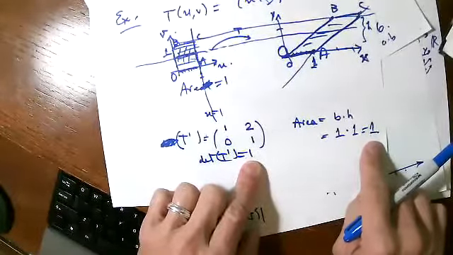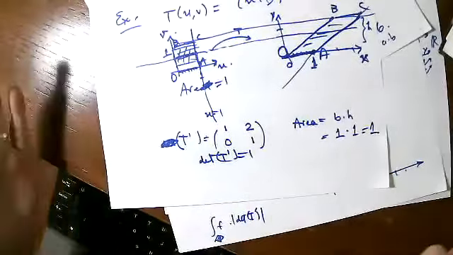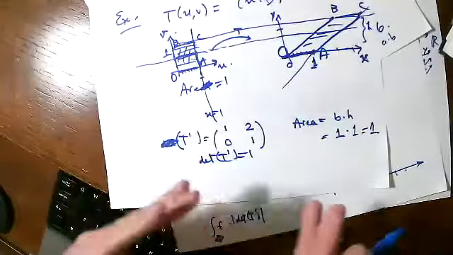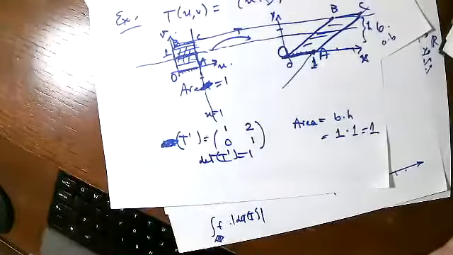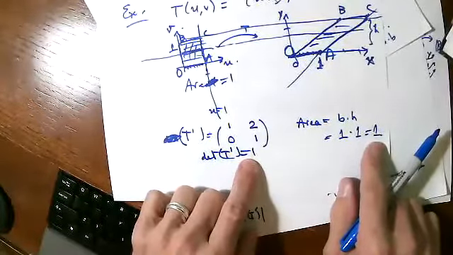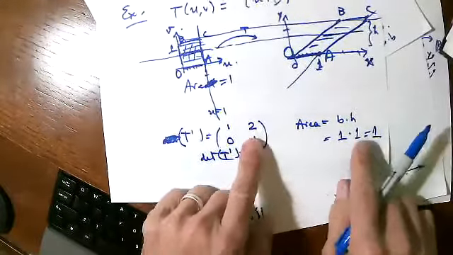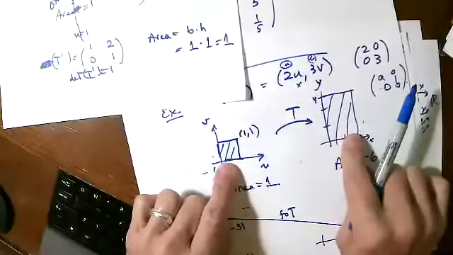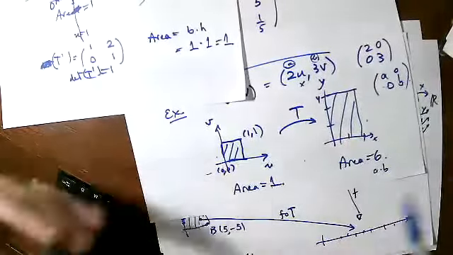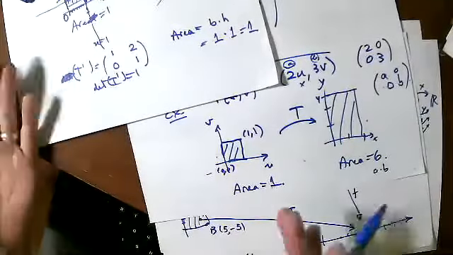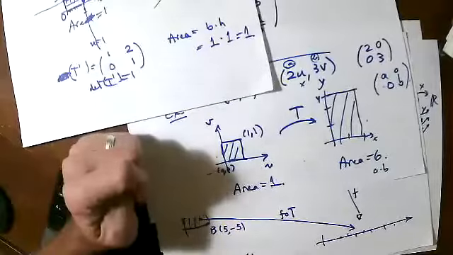So if the determinant is the product of the determinants of the various pieces, and the area is also being changed by a sequence of area manipulations, if they're mimicking each other step by step, and all of your steps involve only this kind of a change and this kind of a change, then the two of them are working in parallel. The changes in the area are always going to match the value of the determinant.